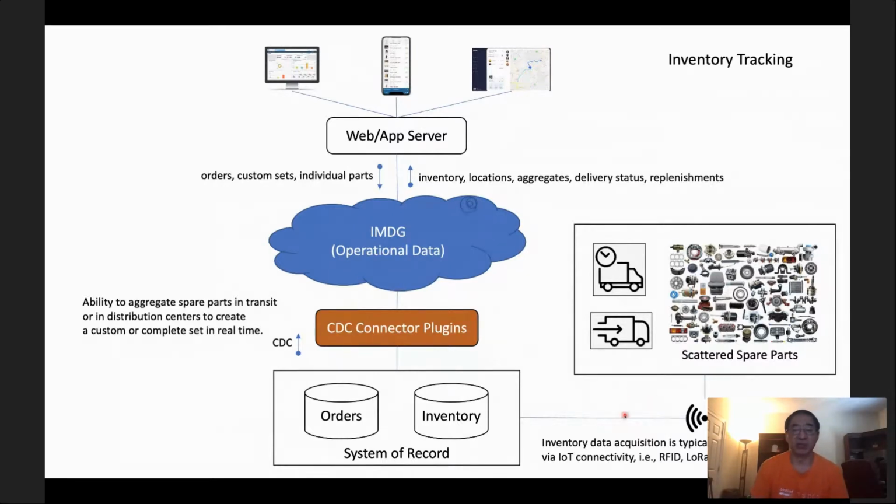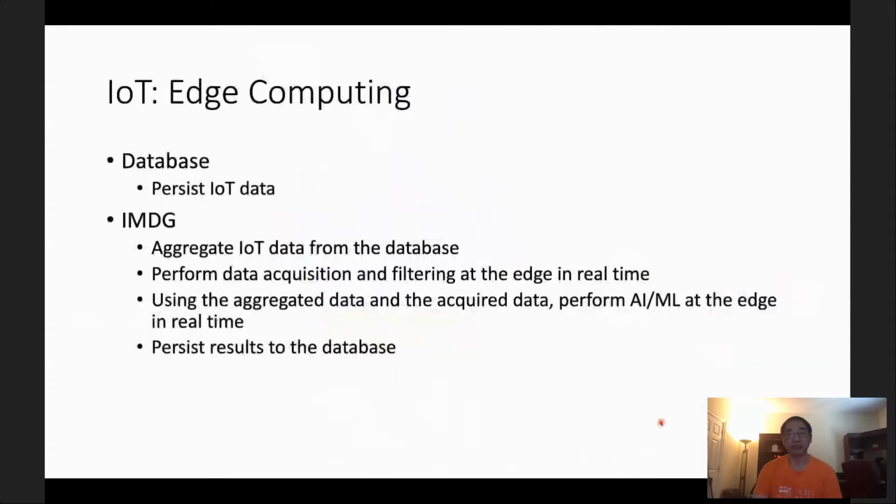For this, simply by using IMDG, you're going to be able to get the orders, inventory, and such, and push that into IMDG through CDC mechanics again. And IMDG basically becomes a hub of spare parts, and it knows how to aggregate the data for you. So this is a really good use case for CDC.